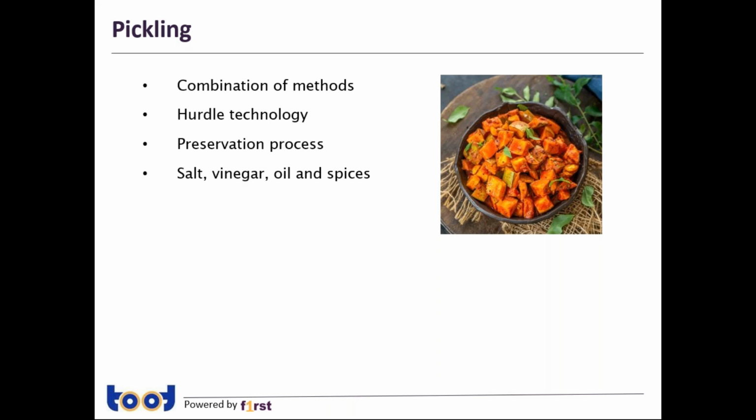mango pickle. After this point, what is generally done is they add chili powder and other spices. Chili powder and coriander powder are very important spices for the taste of the pickle. On the other hand, they also ensure the longevity of the pickle because they are very rich in antimicrobial content, and this ensures that the microbial load is reduced. On top of that, another important ingredient is turmeric.